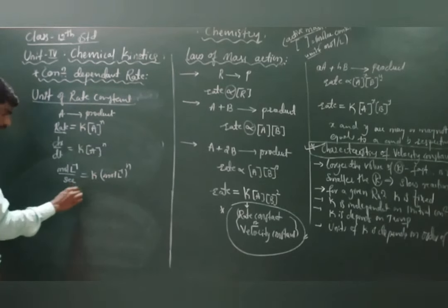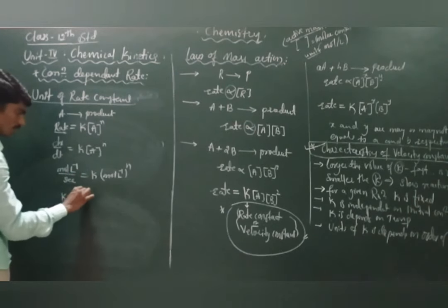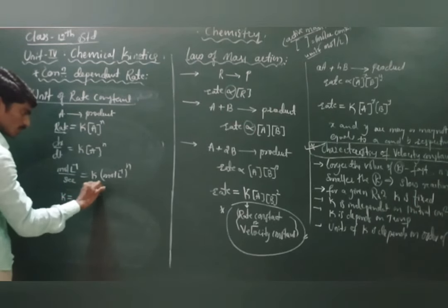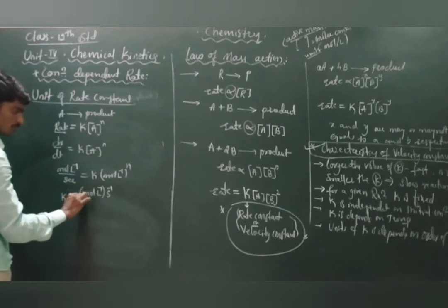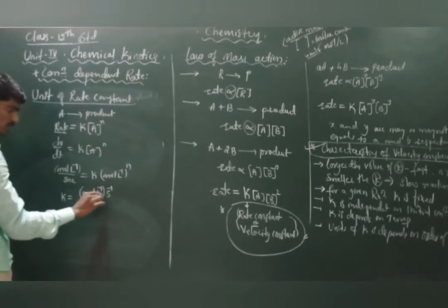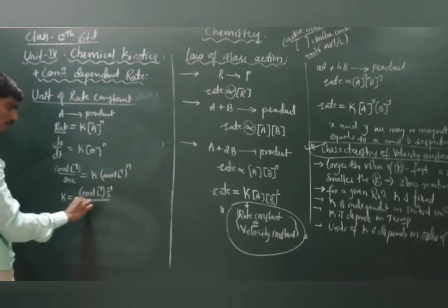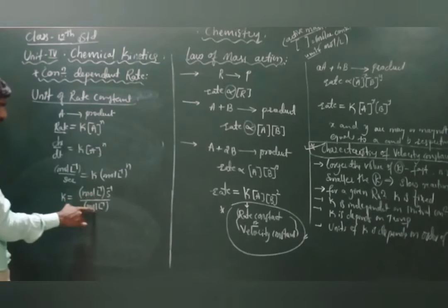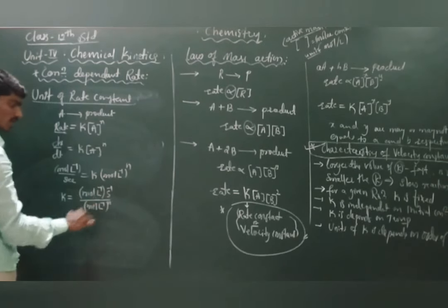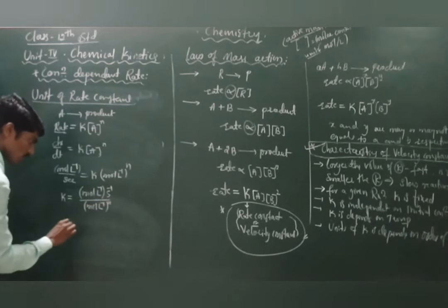So therefore we can write K is equal to moles per liter per second divided by moles per liter to the power n. Both these terms are the same; if the same, they cancel.